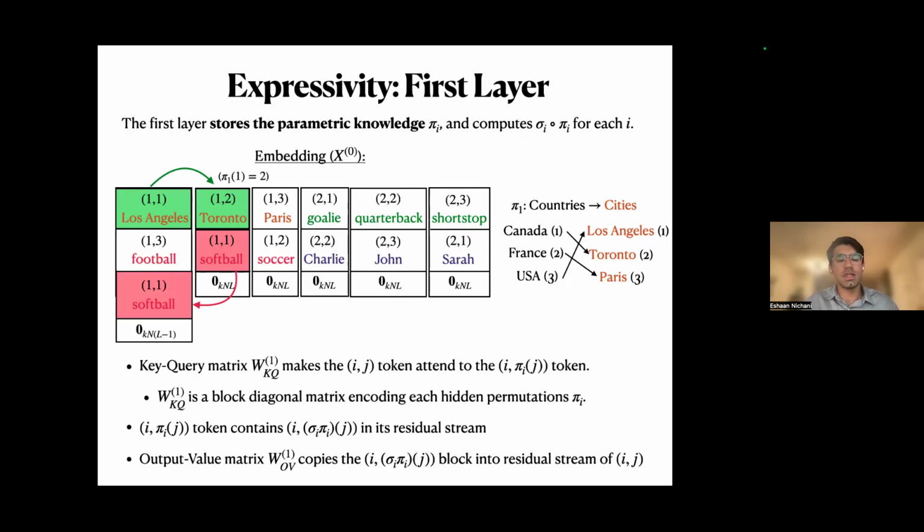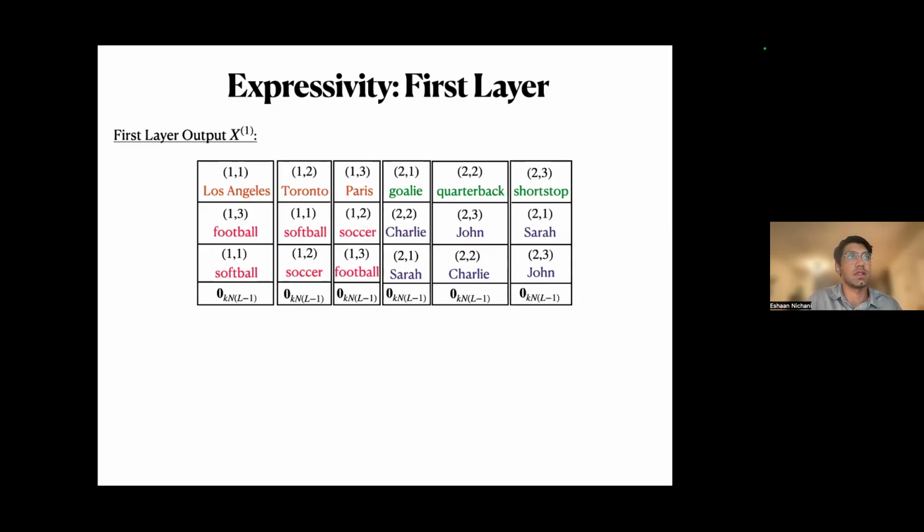So we're using these zero dimensions as storage, and the embedding corresponding to softball gets copied into this storage. This can then be done for every index (i, j) in the sequence, such that the output of the first layer attention looks like this.